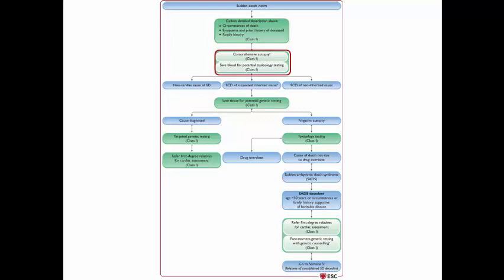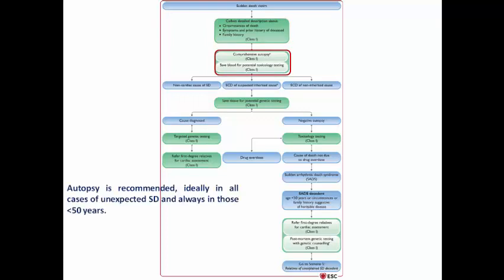Then a comprehensive autopsy is needed, saving blood for potential toxicology testing, as it is recommended in any case of unexpected sudden death and always in patients less than 50 years, to include macroscopic examination of the heart, histopathological examination, and also of other organs if there is suspicion of a non-cardiac cause.